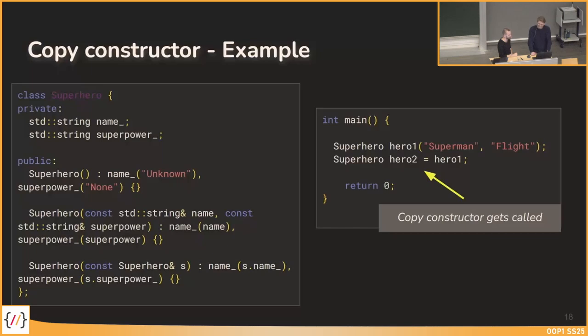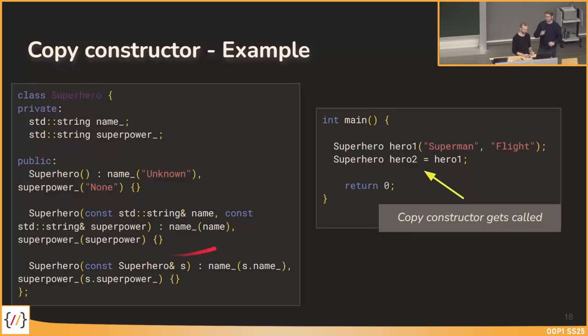The copy constructor is called when you assign an existing object and create a new object. So we have here an existing object, and we create a new object and assign all the values from this hero1 to this hero2. When we execute this line of code, the copy constructor gets called. We have the hero1 as argument, and we are inside the hero2.